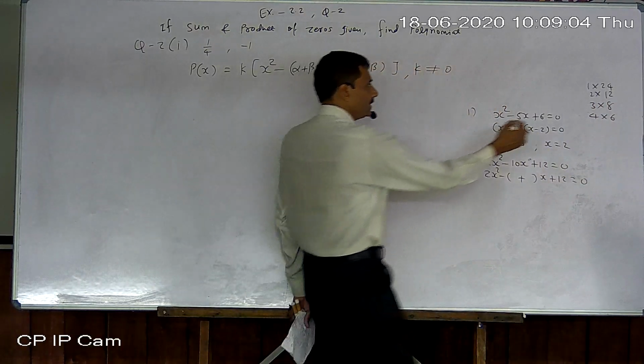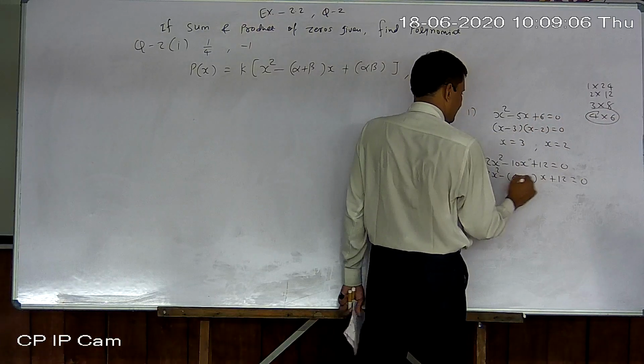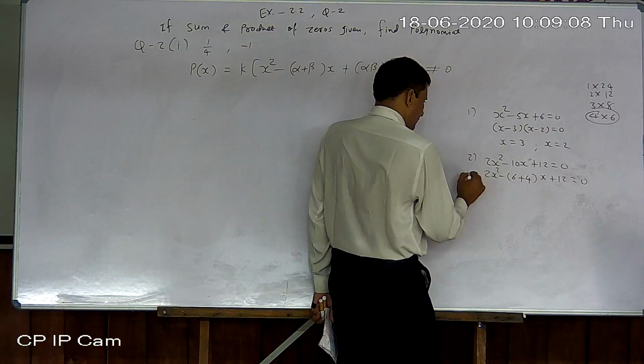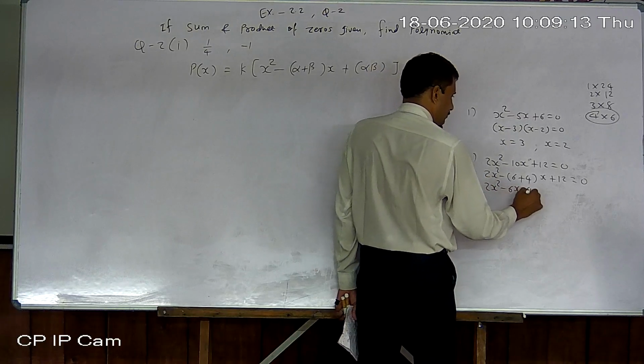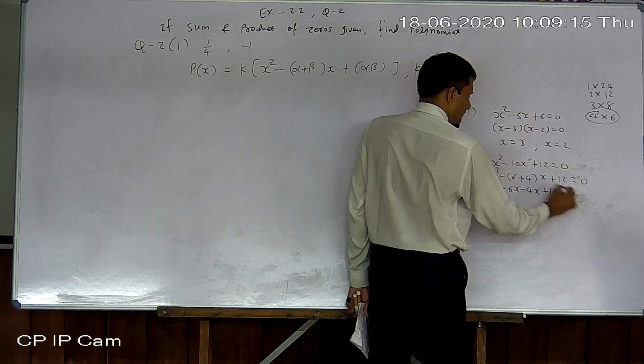Now this is applicable, so I am writing 6, 4. Now just solve 2x square minus 6x minus 4x plus 12 equal to 0.